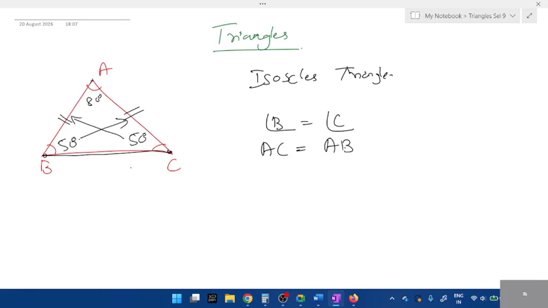Make a note of this. This is an isosceles triangle. If any two angles are equal, their opposite sides are also equal. Just put isosceles and write this. And maintain notes, students.